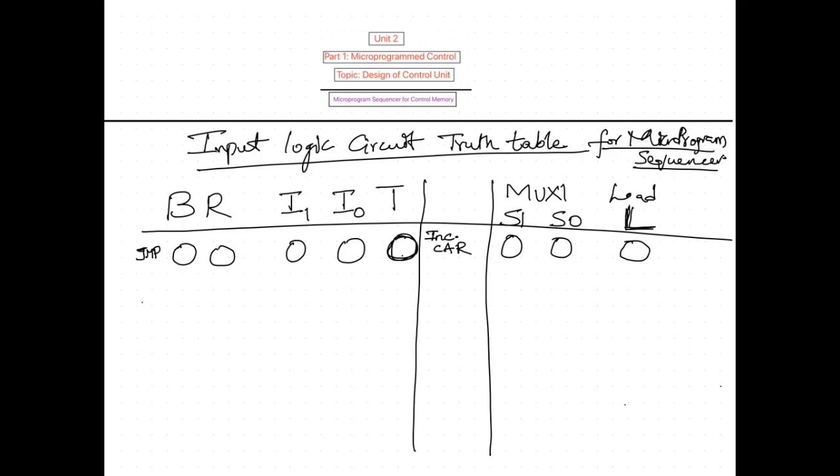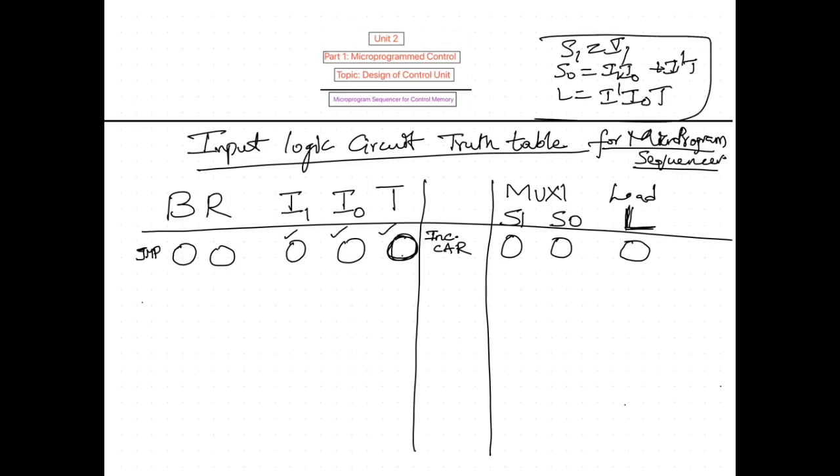So these S1, S0 and L values are determined from the I1, I0 and T Boolean functions. What is that Boolean function? S1 is equal to I1, S0 is equal to I1 I0 plus I1 dash T, and L is equal to I1 dash I0 and T. If you substitute the I1, I0 and T input variables in this function, you will get S1, S0 and L. These are the values I got once I substituted.